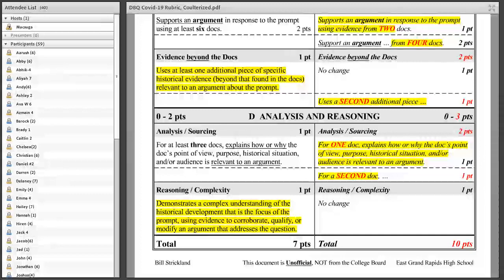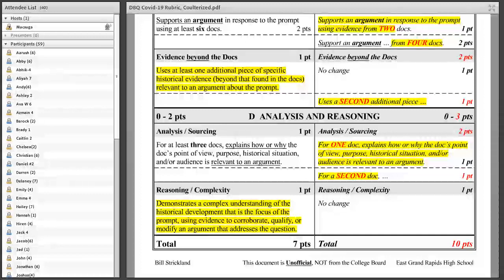All right, so the last point that you're going to get is for complexity. I think that because of time, if you focus on your sourcing and your evidence beyond the docs, that's 4 points right there. Thesis is 1 point. Contextualization is another point. And then using your evidence, you could be at a 9 out of 10 without even worrying about complexity.